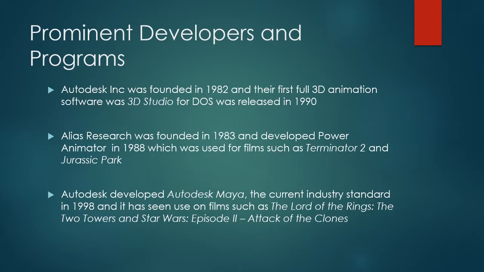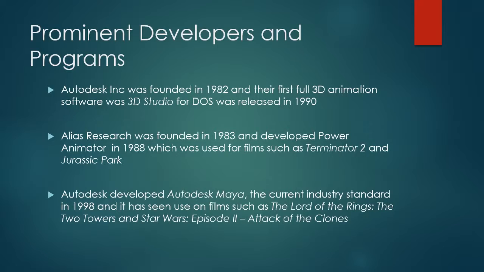Some of the prominent developers for 3D animation programs are Autodesk, founded in 1982, and Alias Research, founded in 1983. Autodesk's first program for 3D was released for DOS in 1990, and Alias's first program, Power Animator, was released in 1988 and used for movies like Terminator 2 and Jurassic Park.